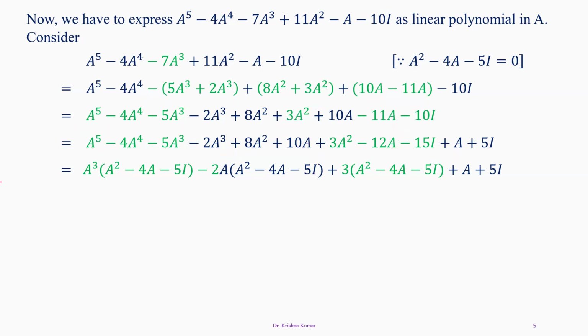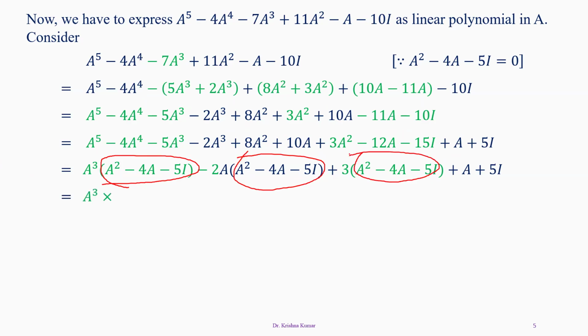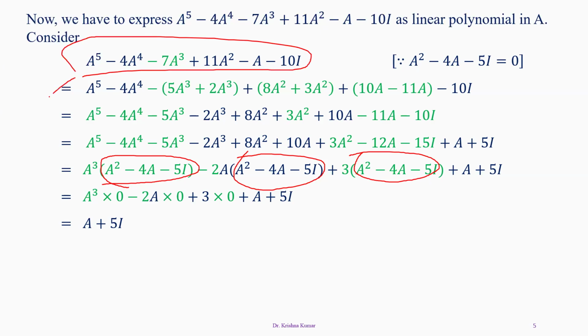Just look here: A² - 4A - 5I is equal to 0, and in each of the other places A² - 4A - 5I is also equal to 0. So we are getting A + 5I. This complicated expression is converted into a very simple one, A + 5I.